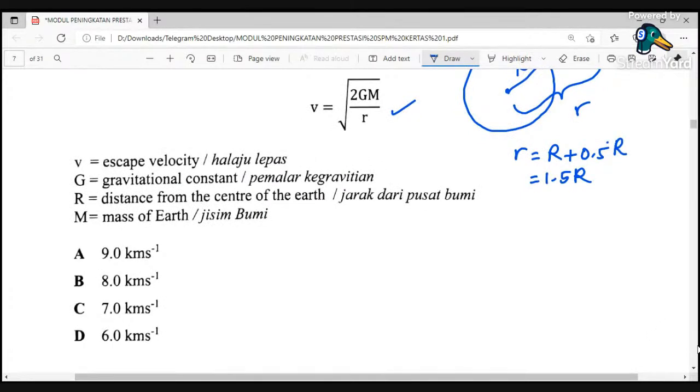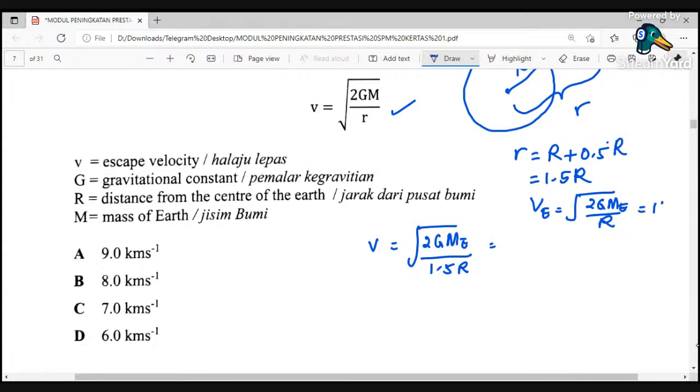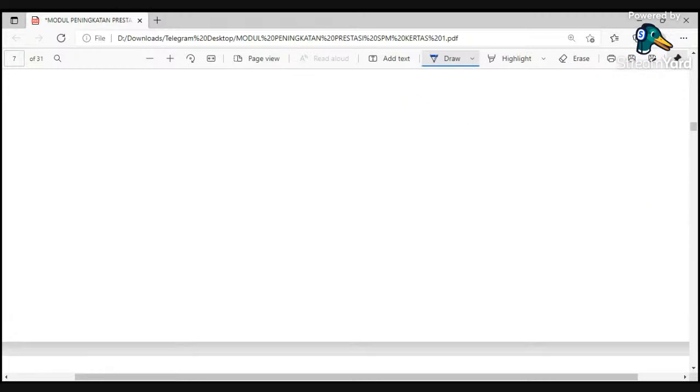Just substitute. Talk about Earth, so this is Earth. R is 1.5 r. V for Earth at the surface is square root of 2GME over R. This is at the surface and this equals 11 kilometer second negative 1.